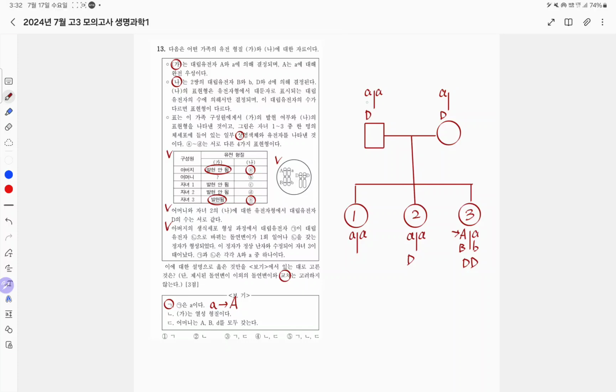That means father has at least one capital B, and he will have additional capital B or D. In such a case, he needs to inherit at least one capital B or D to each child. So it's not possible for child number 1 to have zero capital B or D.